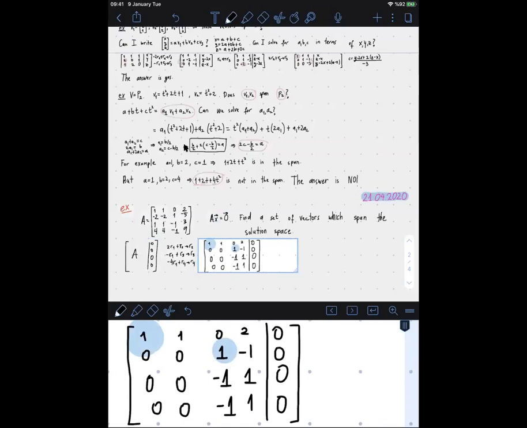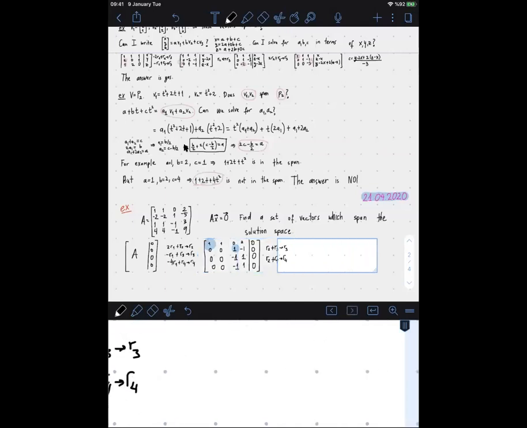So what do we do? We try to make this part 0. For that, I multiply row 2 by 1 and add it to the third row, and I multiply the second row by 1 and add it to the fourth row. So these are the operations.